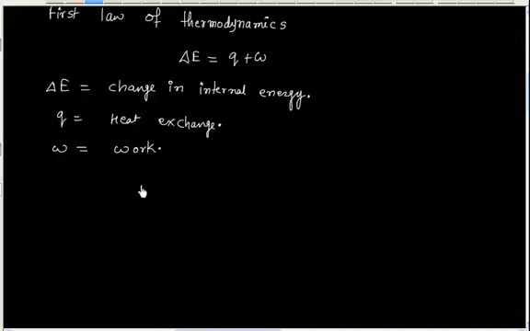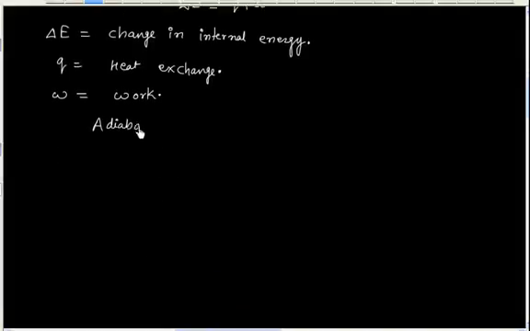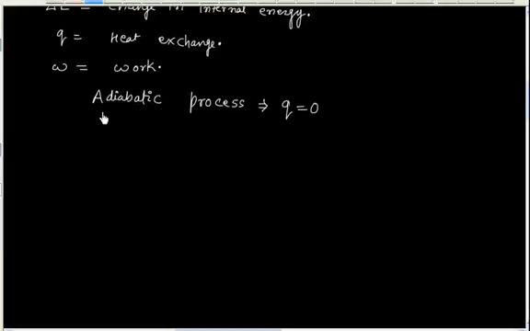We know for adiabatic process Q equals 0. So we can write the first law of thermodynamics for adiabatic process: delta E equals Q plus W. So this becomes delta E equals 0 plus W, because for adiabatic process Q equals 0.